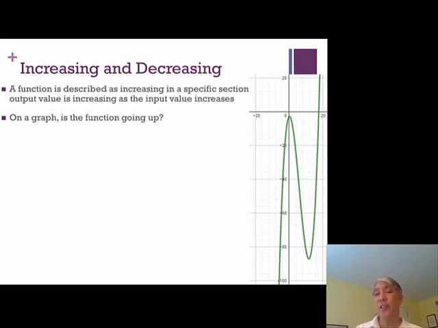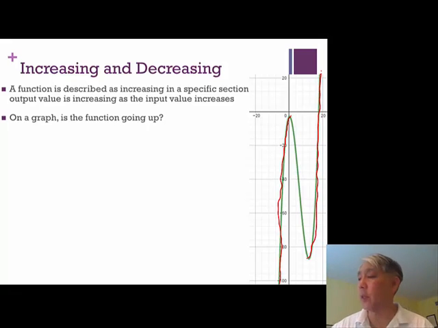Increasing and decreasing intervals. A function is described as increasing in a specific section or interval if the output value f of x increases as the input value increases. So on a graph you would ask yourself, is the function going up? In this first section here my graph is going up, and in this section my graph is going up.